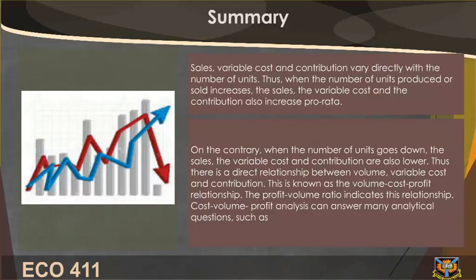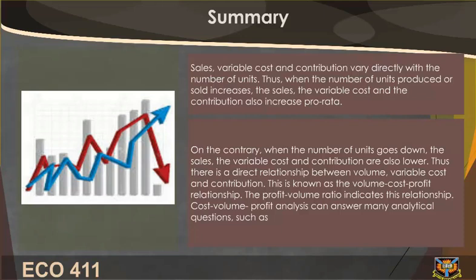Summary: sales, variable cost, and contribution vary directly with the number of units. Thus, when the number of units produced or sold increases, the sales, the variable cost, and the contribution also increase pro rata.